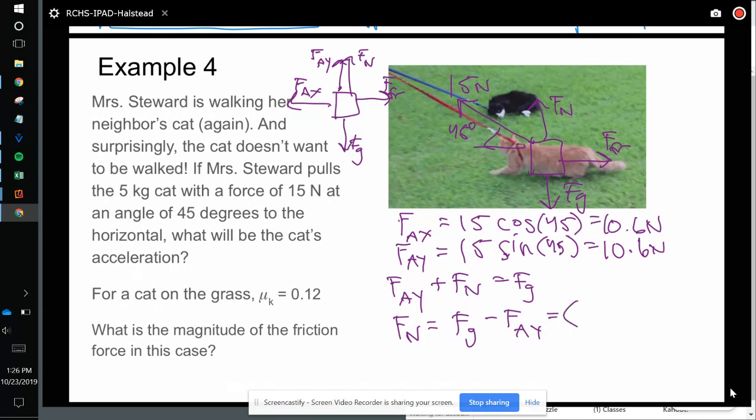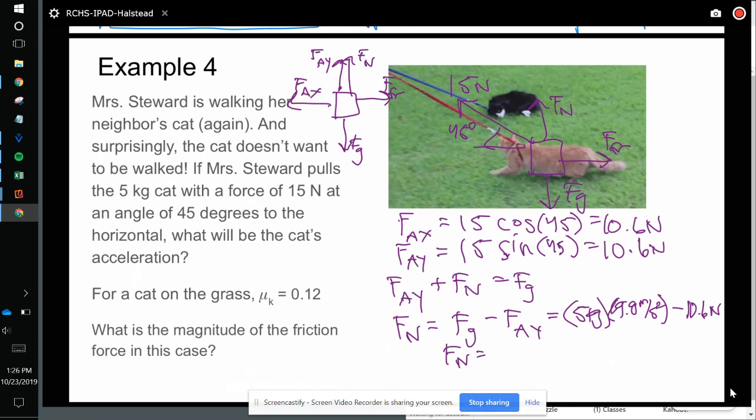So now we get the force of gravity, which is the mass of the cat, 5 kilograms, times 9.8 meters per second squared, minus the force applied in the y direction, which was 10.6 newtons. So that tells us that the normal force will be equal to, in the calculator, the quantity 5 times 9.8 minus 10.6.